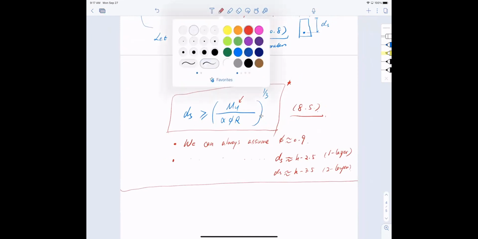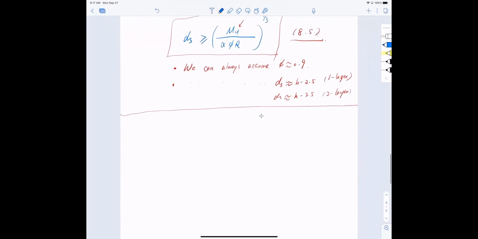So I'm confident that I can do any problem right now. Let's take a look at an example. Example 8.1, the first example in the design problem. I want us to design an RCB with a simply supported condition.